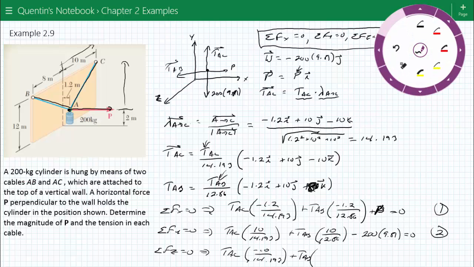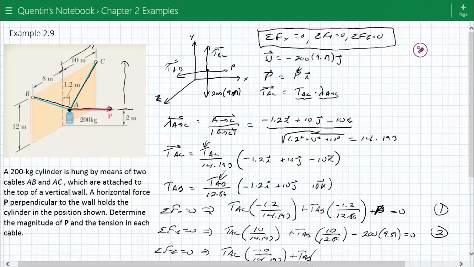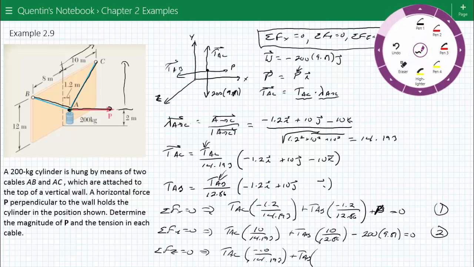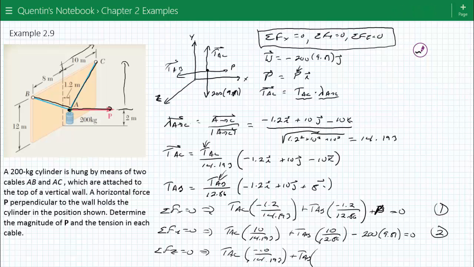Here, you know what, I'll make life easier. I'm going to erase that. Okay, this needs to be plus 8K, because it's going in this direction only 8 units. And so it's going to be 8 over 12.86. And in the Z direction, that's all we have, so equals 0. That's the third equation.